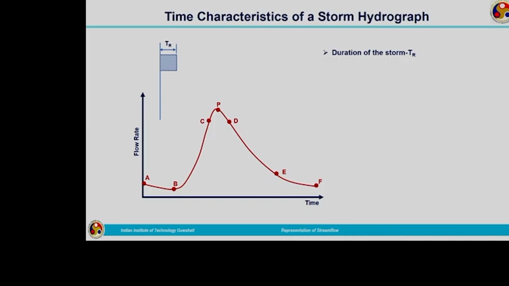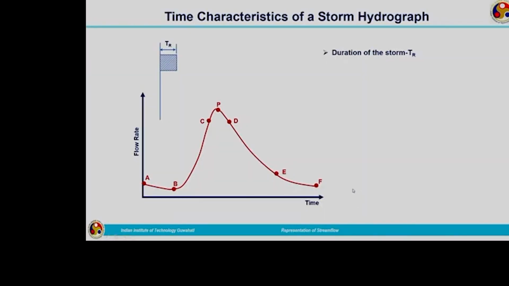It will have certain fluctuations because different areas contribute runoff at different times. After a certain time from the occurrence of the rainfall, the majority of the areas will be contributing water at the outlet point. Because of that, the hydrograph will not be a smooth curve; certain fluctuations will be present. But for understanding purposes, we can consider a smooth hydrograph like this.